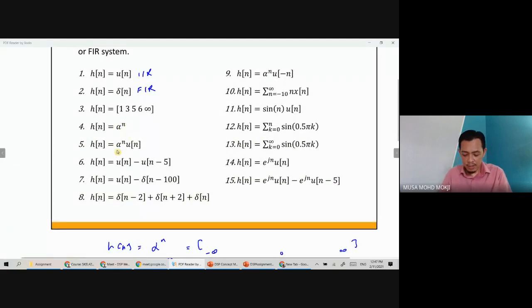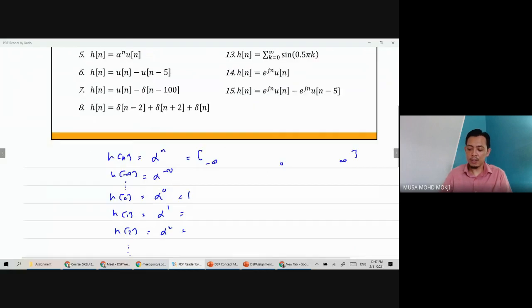Okay, next, Hn equals alpha to the power n, and this is just a little bit different. There's un, so it is the same as this one, but you need to multiply with a step signal.